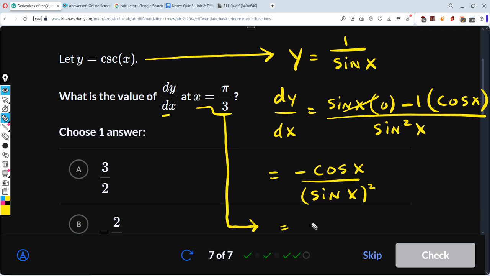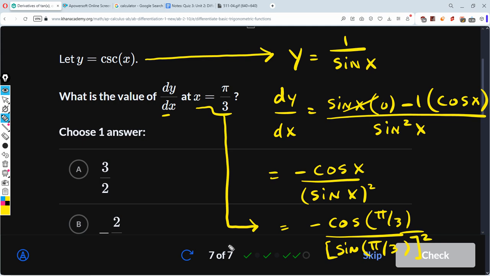So that's going to be negative cosine of pi over 3 divided by sine of pi over 3 squared. All right, make sure you're squaring that whole thing, not just the pi over 3.